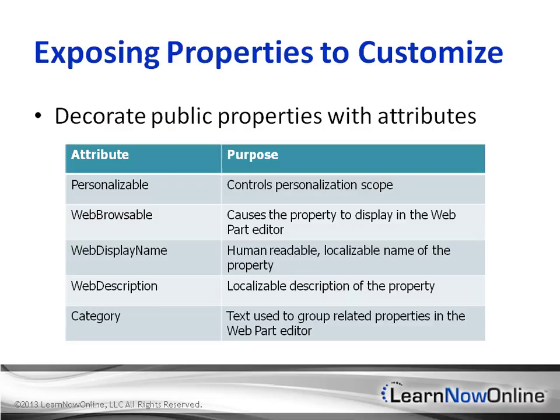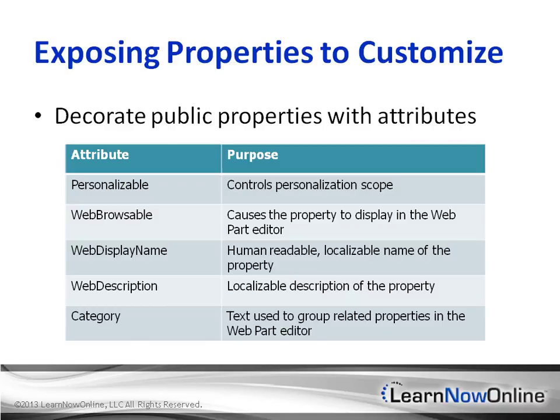And then category is important because it allows us to group related properties in the web part editor. If you don't do anything, it's just going to end up in miscellaneous. But if you want users to know there's a specific category of properties for your web part, you can just create your own category and then the web part editor will take care of rendering that.